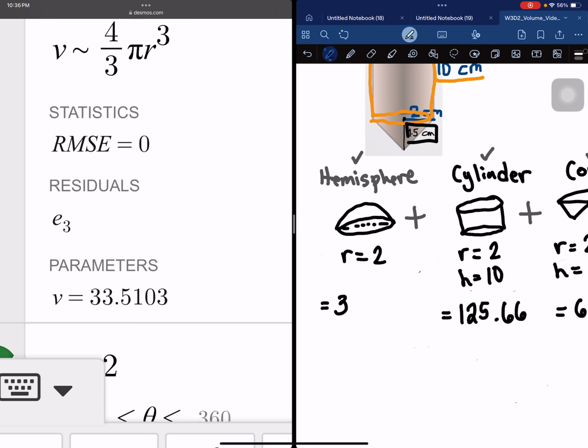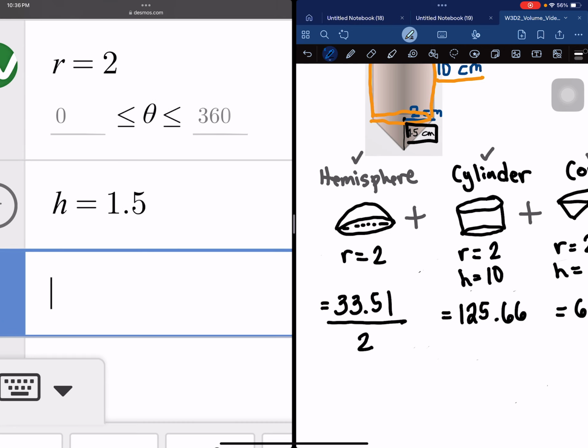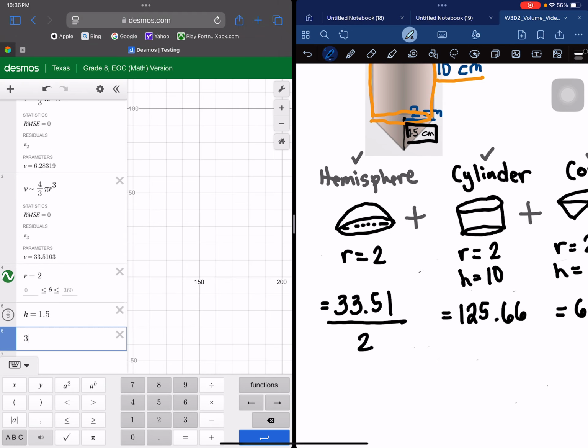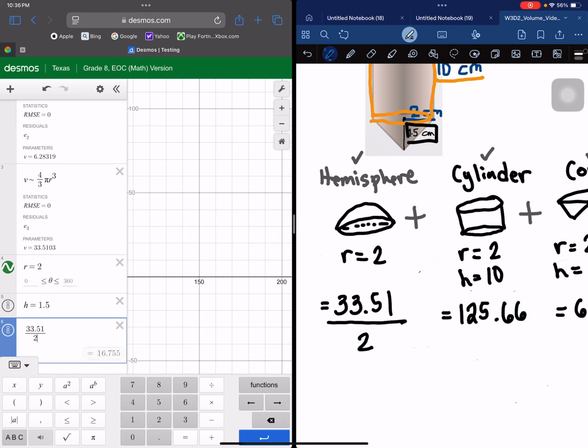But again, as I mentioned, we need to divide this by 2 since the problem is asking for the hemisphere. So I'm going to divide that by 2. The answer is 16.75.